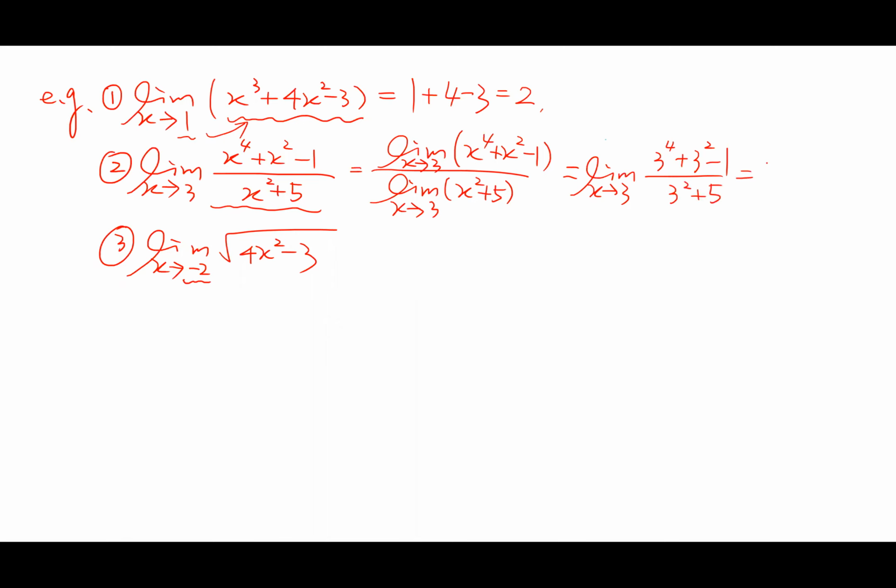So the result of the second one is 89 over 14. And the last one, we also substitute minus 2, so that is 4 times 4 minus 3, which is the square root of 13. So here are the results of these 3 questions.